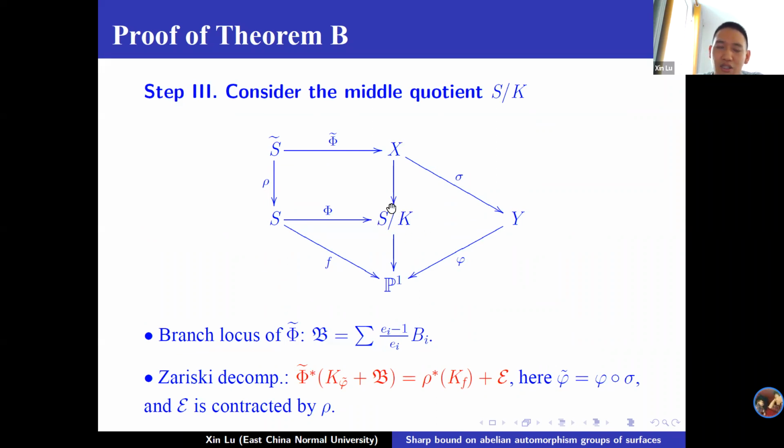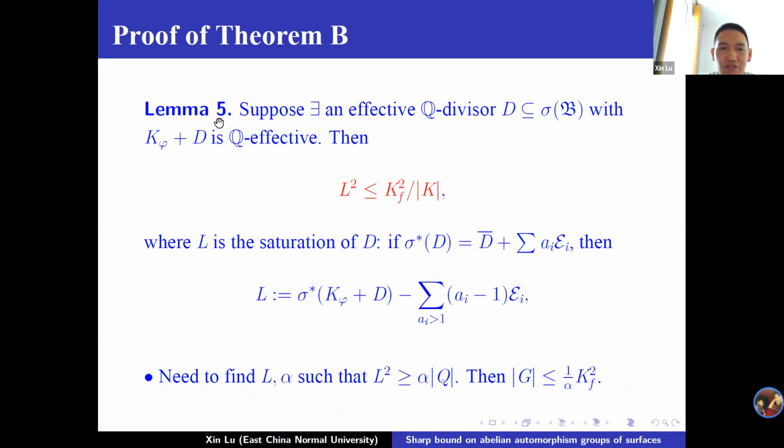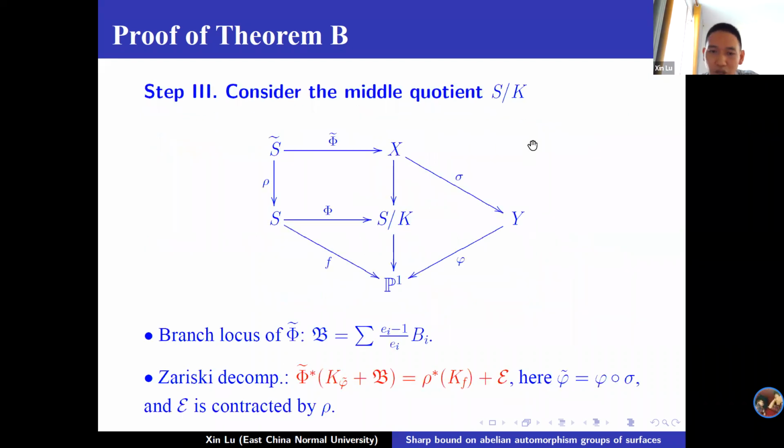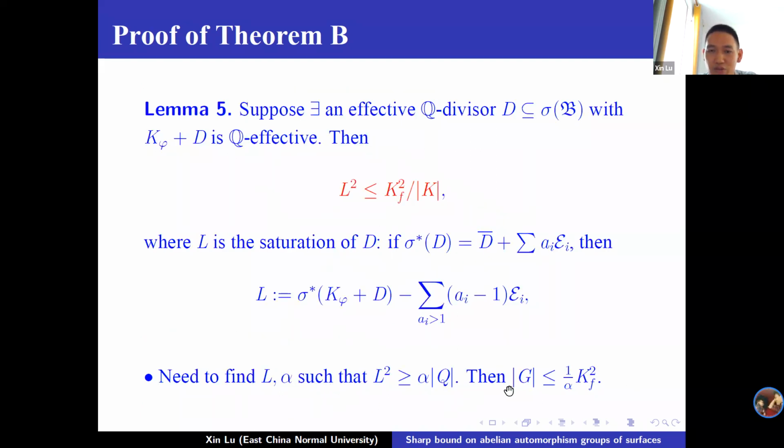And after this blow up, the action of Q can be lifted to X, and then we can choose a good contraction so that the Cauchy group Q can be reduced to an abelian group on Y. So the Cauchy group Q can act on this Y, and finally, if we want to find some good divisor D in the branch locus, we can use that the branch locus on Y is Q invariant, and this will help us to get the bound we required. Okay, I'm sorry, I should stop here.